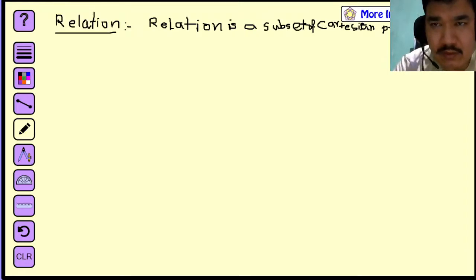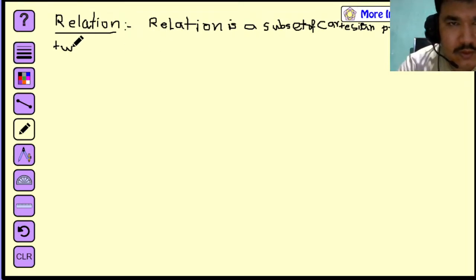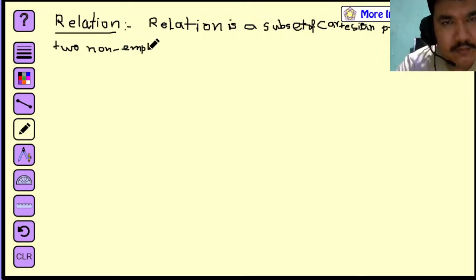Cartesian product of two non-empty sets. Right, two non-empty sets you can write.